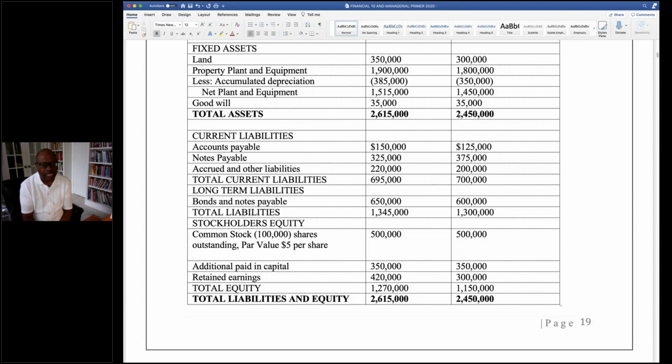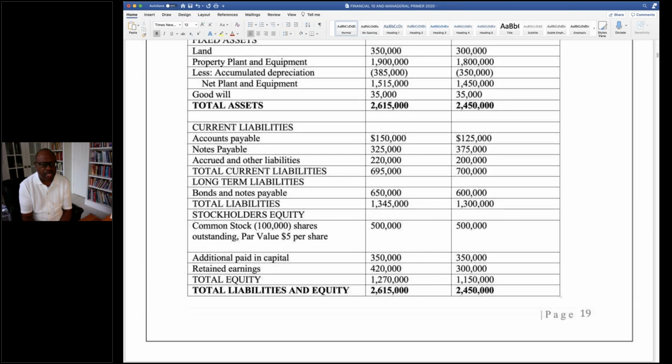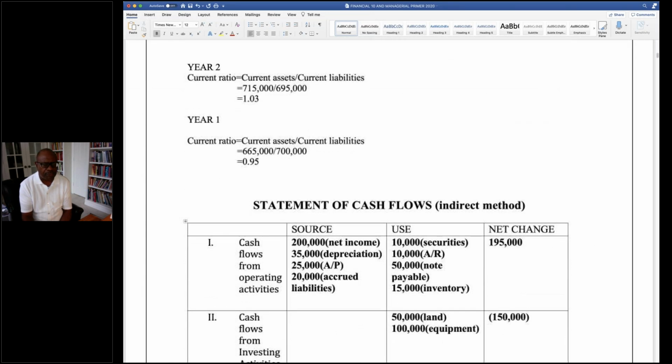So total assets, based on that accounting equation, has to equal total liabilities plus the stockholders' equity. So you're into some balancing with your trial balance. When we finish these statements, the balance sheet always has to be in balance.